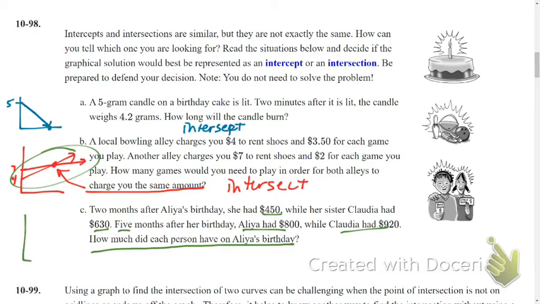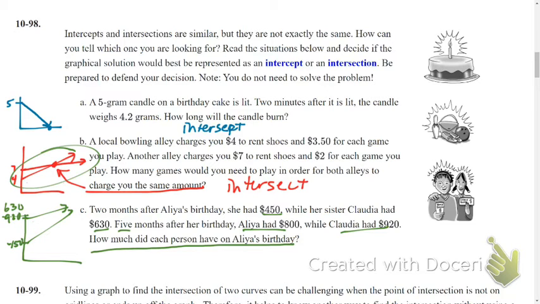So if we were to go back and create a graph, Aaliyah had 450, right? And then Claudia had 920. And they're both saving, and eventually they're going to have the same amount, right? Or excuse me, she had 630, not 920. I'm reading it wrong. So eventually they're going to have the same amount, but that's not the question.